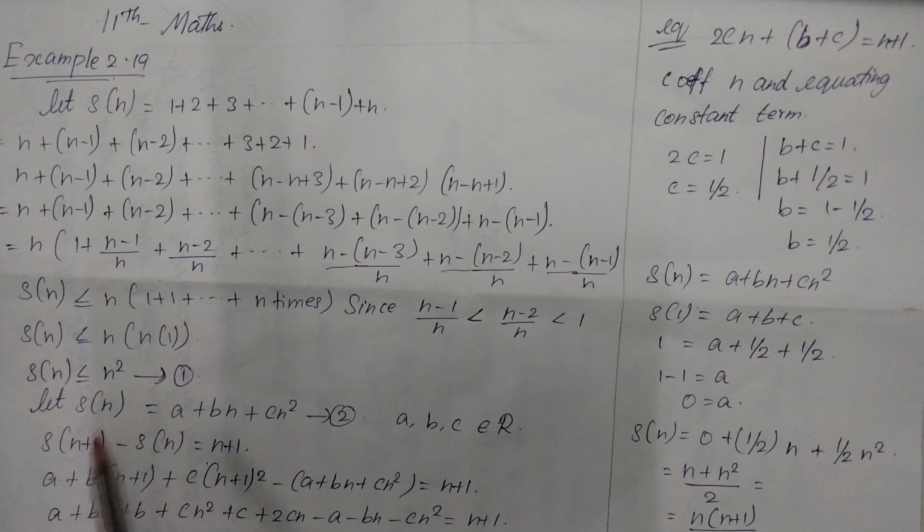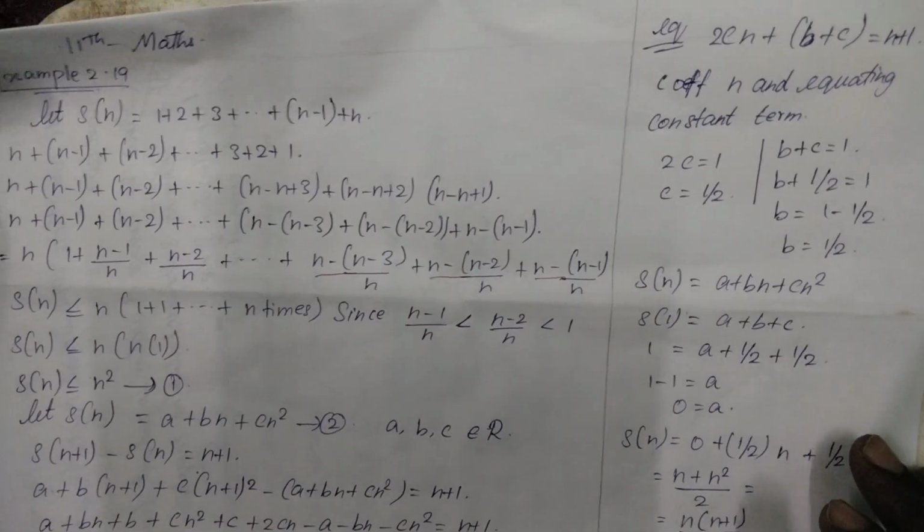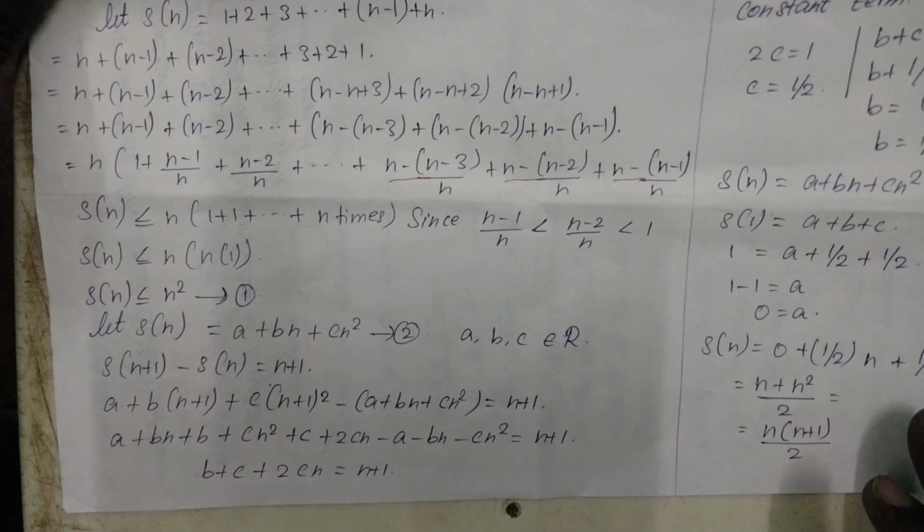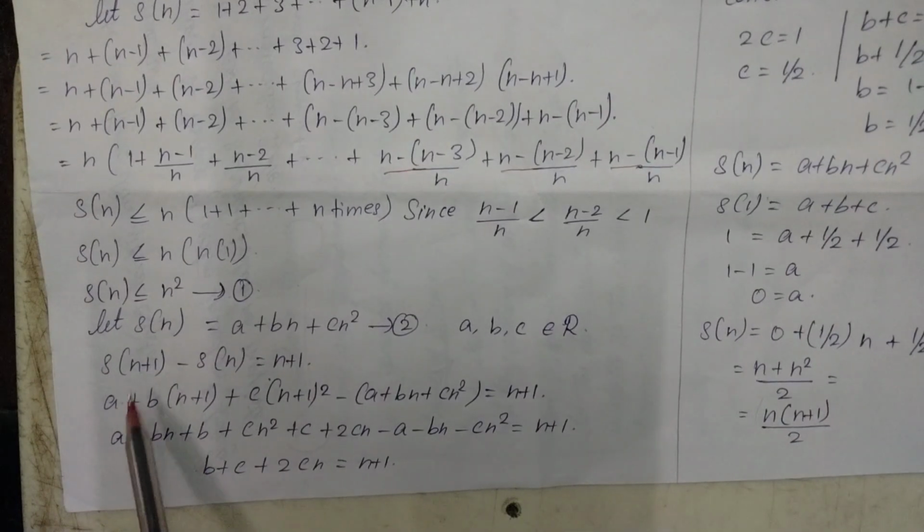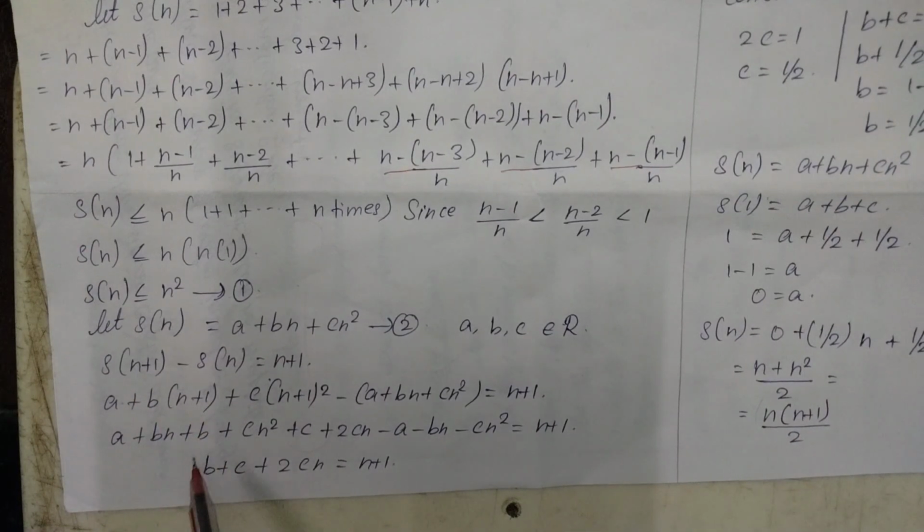Now what is n plus 1? We have already assumed Sn equal to a plus bn plus cn square. So now instead of n, substitute n plus 1. n plus 1 square. After minus Sn, the same formula is repeated here. Then n plus 1. Now multiply b inside, n into b, bn, 1 into b, b.